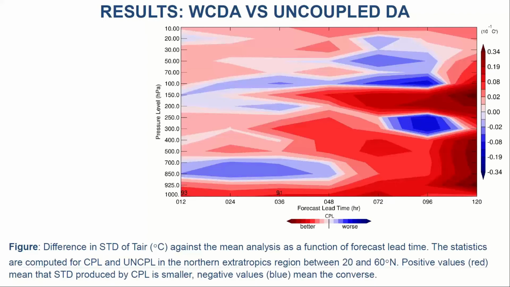As we see, in most areas the color is red, so we slightly improve the atmospheric score, but the only significant improvement is in the first 36 hours near the surface. So the result is mainly quite neutral.